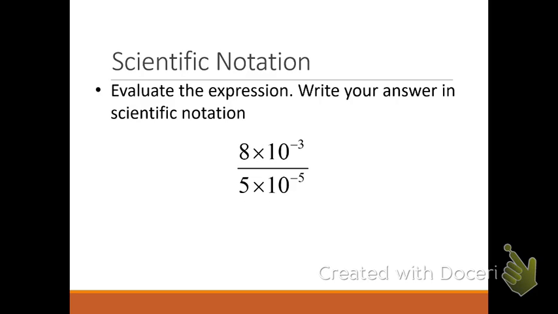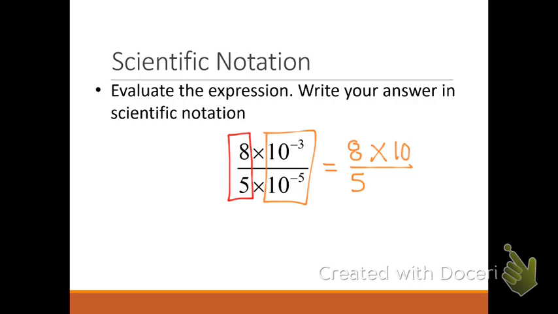So think of this as two separate problems, the part with the plain numbers and then the part with the powers of 10. So 8 over 5 is not going to reduce. I'm just going to leave that as 8 over 5. But then 10 to the negative 3 over 10 to the negative 5. That is our quotient of powers rule. And if you remember, that one is the one where you keep the same base and you subtract the exponents.